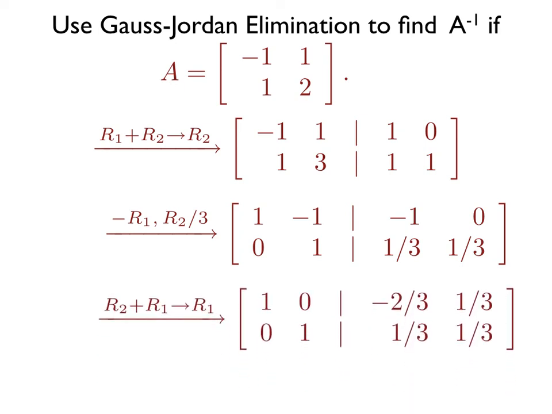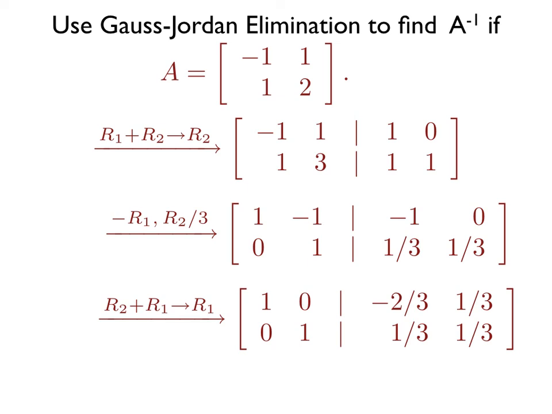Now we take row 2 plus row 1 and make that the new row 1 to finish our Gauss-Jordan elimination steps. Then we get the identity on the left, you see, 1, 0, 0, 1. And then on the right we get first column, minus 2/3, 1/3, second column, 1/3, 1/3. Now before we proceed, let's just think about what we've done here.